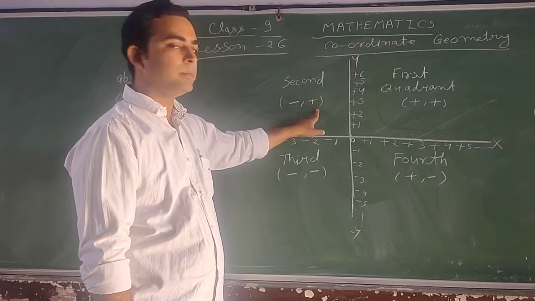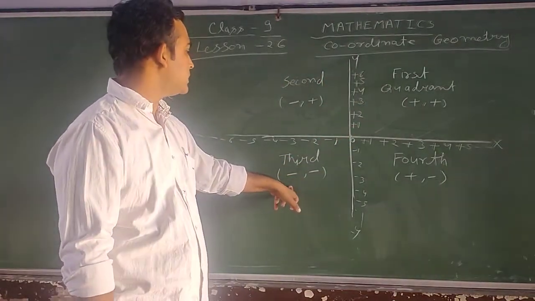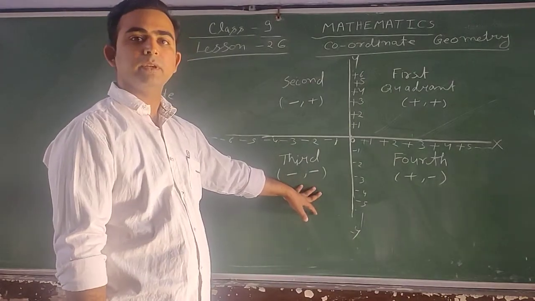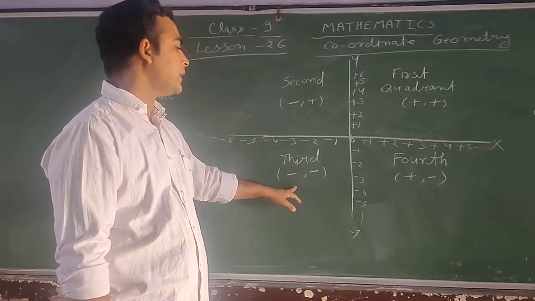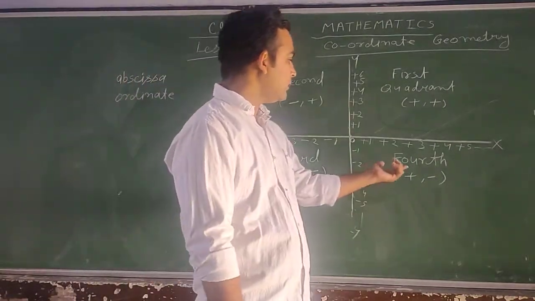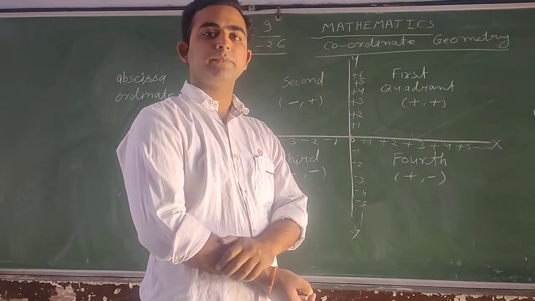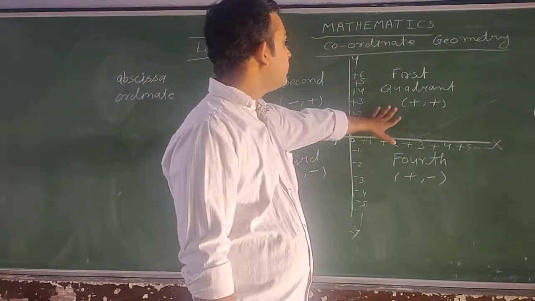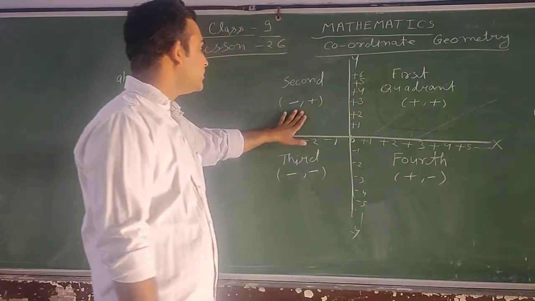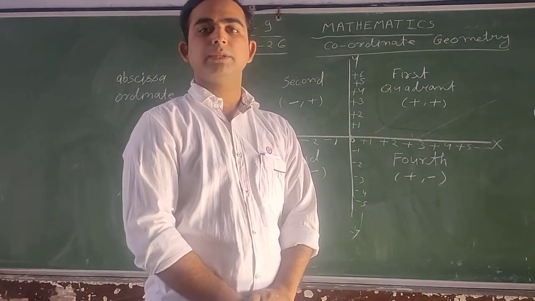In the third quadrant this is minus and minus, so the sign will be minus and minus. In the fourth quadrant the sign will be plus and minus. Understand? First quadrant plus plus, second minus plus, third minus minus and fourth plus minus.